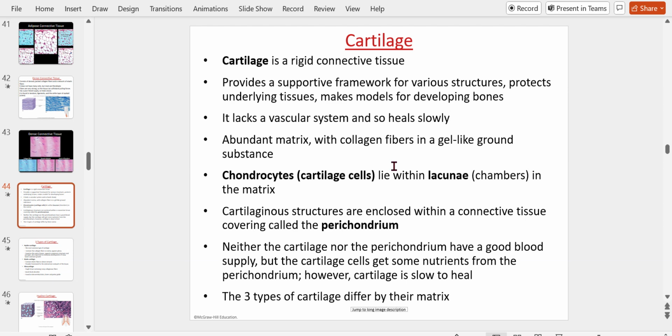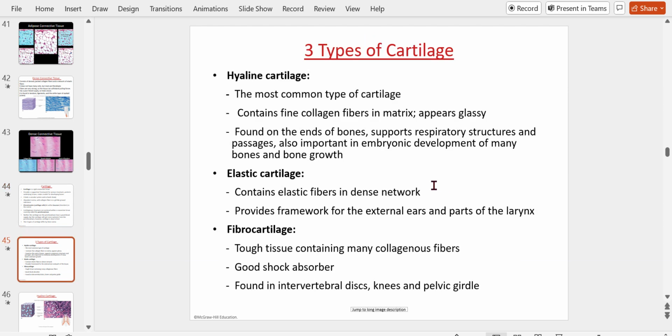Chondrocytes, cartilage cells, lie within the lacunae, chambers of the matrix. Cartilaginous structures are enclosed within a connective tissue covering called the perichondrium. Neither the cartilage nor the perichondrium has a good blood supply, but the cartilage cells get some nutrients from the perichondrium. However, cartilage is slow to heal.